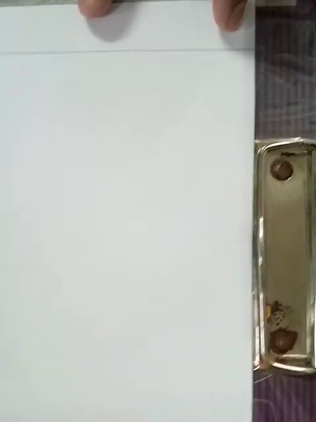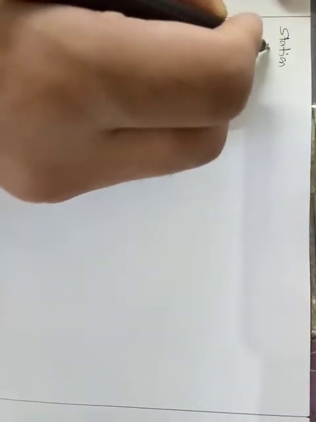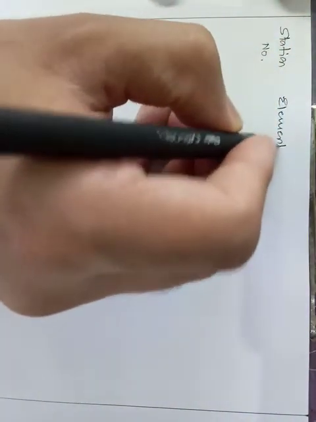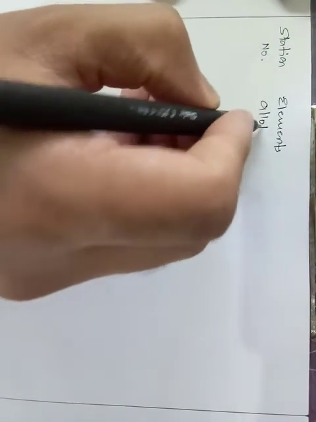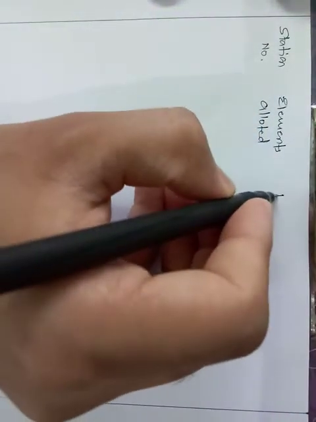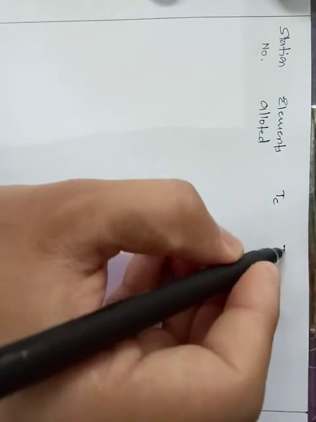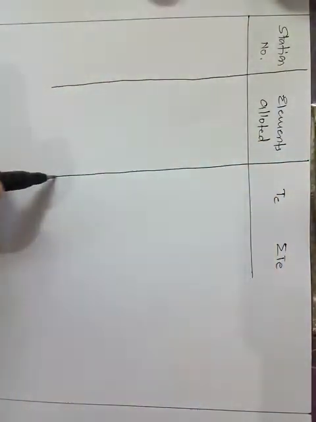In this table I'll put the workstation number, the elements allotted, TE, and summation of TE. Okay, so these are the 4 things.